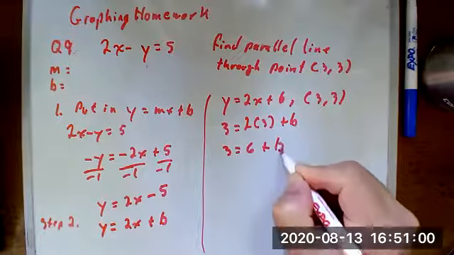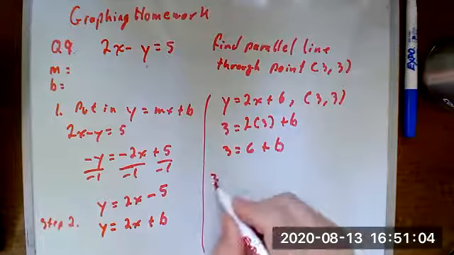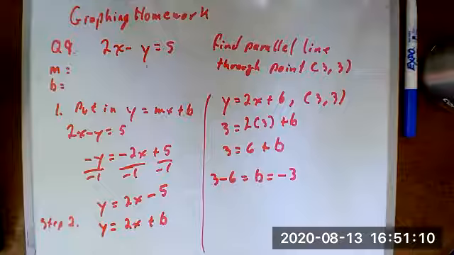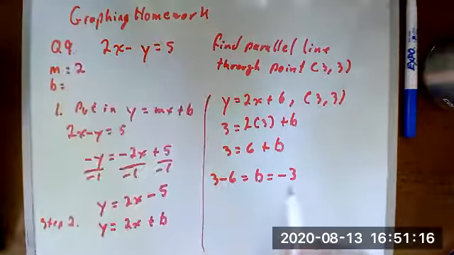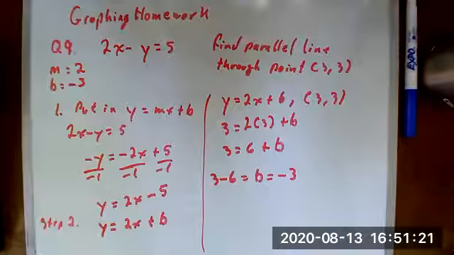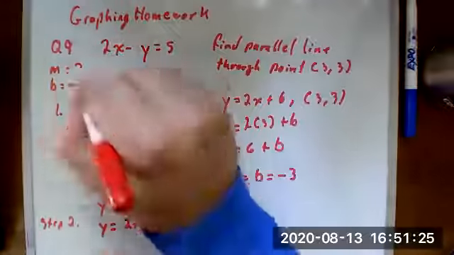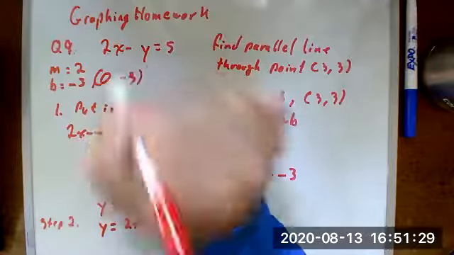The 6 comes over. 3 minus 6 equals b, which is equal to negative 3. So now we know 2 things. We know our slope, it's equal to 2. We know our intercept, which is equal to negative 3. The other way, of course, of writing that is going to be 0, negative 3.